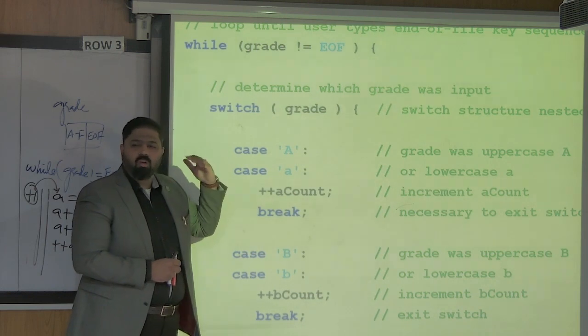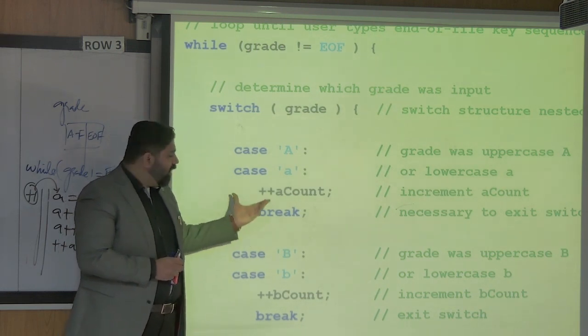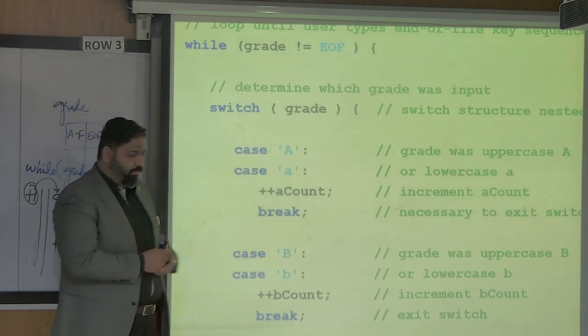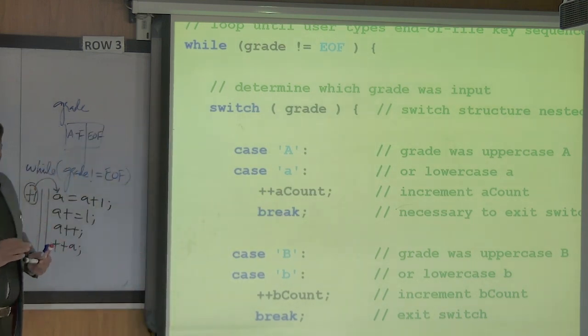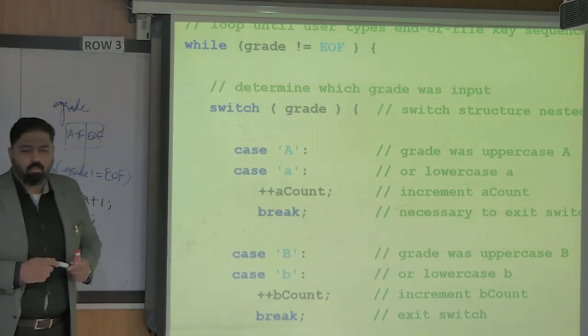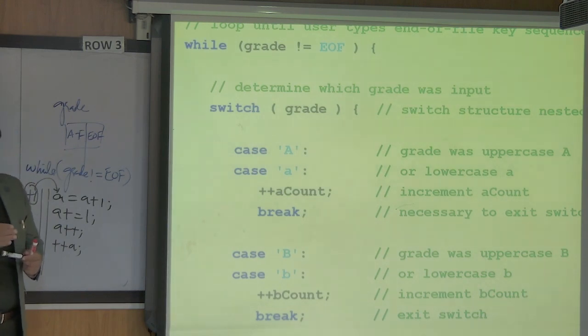Now once the counter has been incremented, next statement is another keyword, break. It simulates else. If we have nested if else, it simulates else part. Else पे जब आप आते हैं, if अगर true हो जाए, तो next else आपको क्या करता है? क्या वो next if में जाने देते हैं?